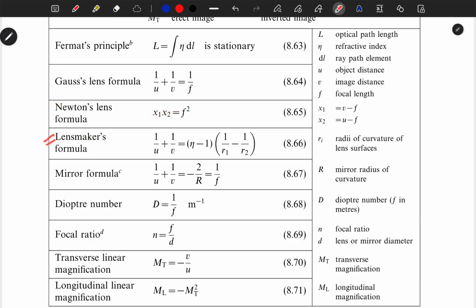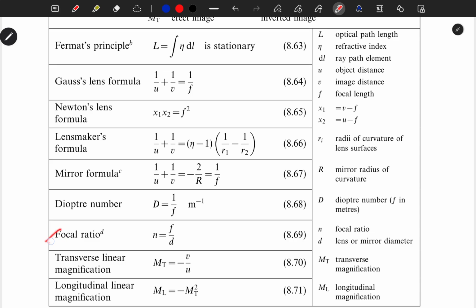So lens maker formula, 1 by f equal to (eta minus 1) times (1 by R1 minus 1 by R2). R1 and R2 are radius of curvature of the lens surfaces. Mirror formula, 1 by u plus 1 by v equal to 1 by f, that equal to minus 2 by R. Dioptre number, D equal to 1 by focal length.